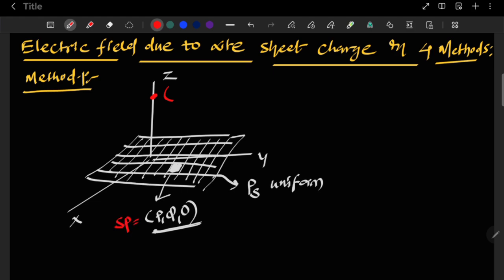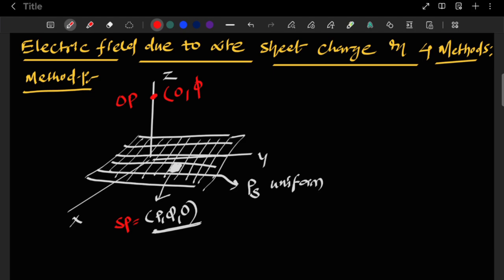With respect to this rho phi 0, the observation point OP, the coordinates are given by, because it is there on the z-axis, rho value is 0. With respect to this source point, the phi coordinate will be phi only, because here phi is there in the source point. The observation point also should have the same phi value. Okay, we are working in the cylindrical coordinate system.